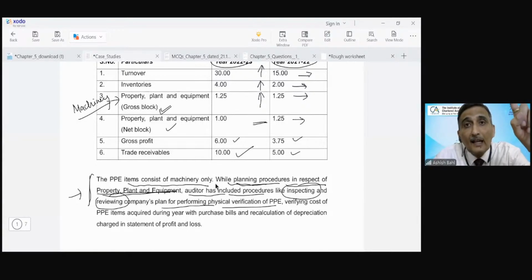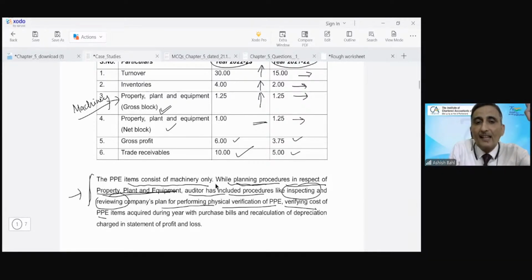Remember, I am telling you, many of you are going to commit mistakes in the exam on this count. Verifying cost of PPE items acquired during the year with purchase bills and recalculation of depreciation charged in the statement of profit and loss.